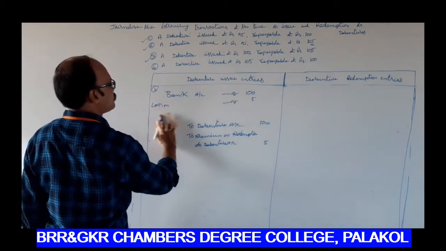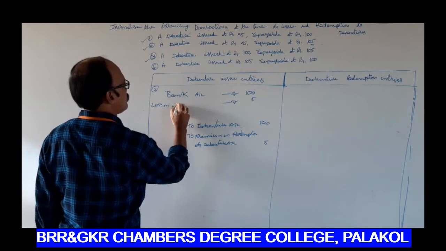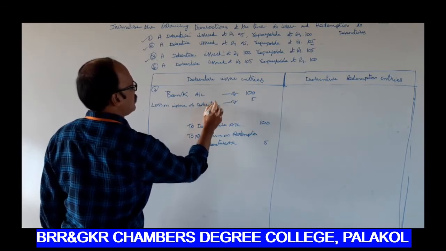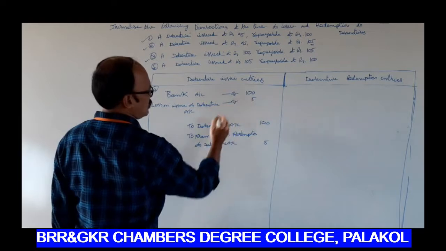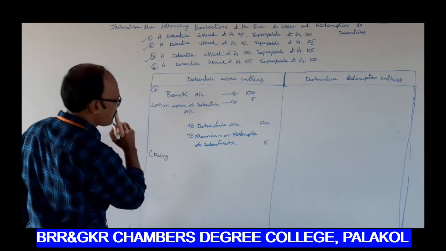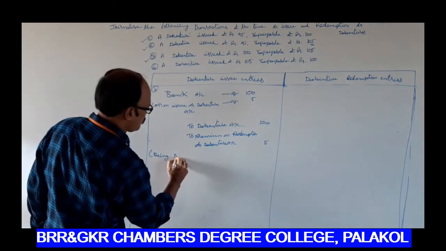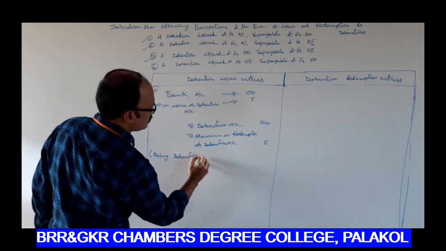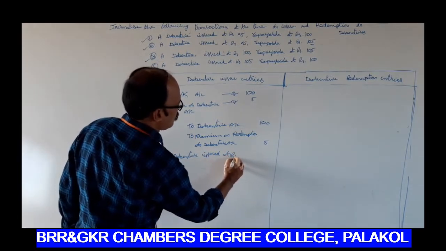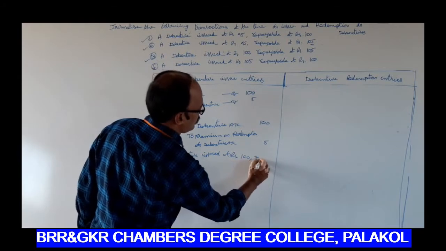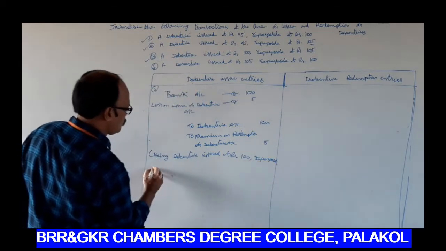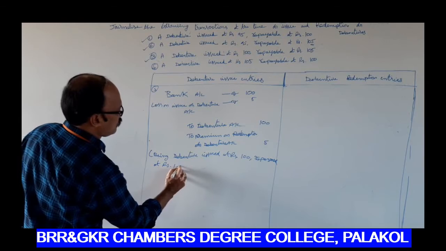Loss on issue of debenture account debtor 5, being debenture issued at rupees 100, repayable at rupees 105.